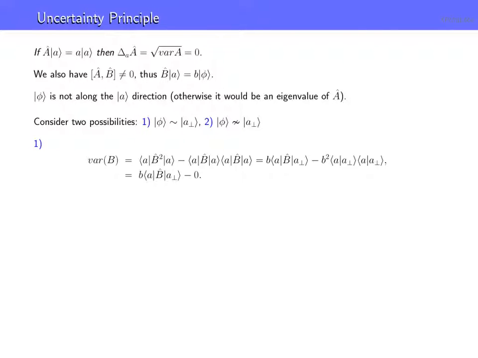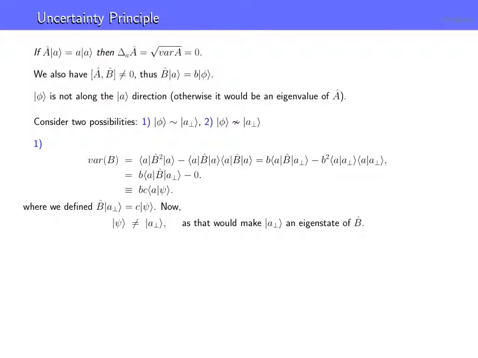And let's define this to be the following: some other vector psi, with a coefficient c. So we're defining that B on A perpendicular is equal to c psi.